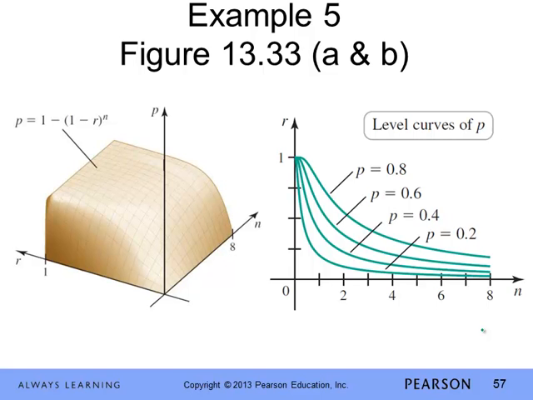But example 5 has to do with, okay, there's a certain fraction of people on campus that have a certain infection. And suppose that you're going to bump into N number of people during the course of the day, and then this. So R is the fraction of people that have the infection, N is the number of people that you bump into, and then P will calculate the probability that you yourself are going to get that infection.